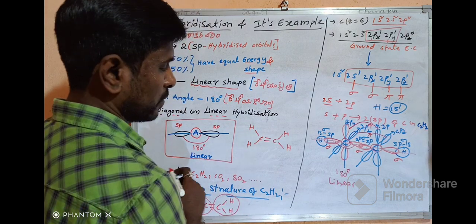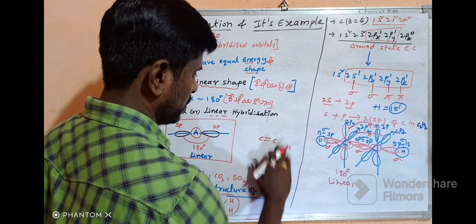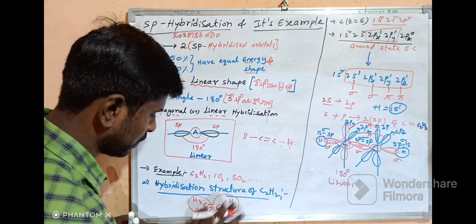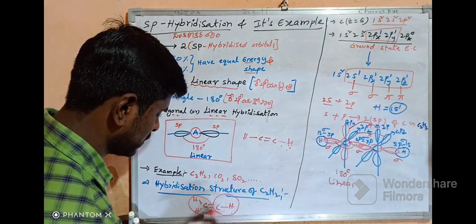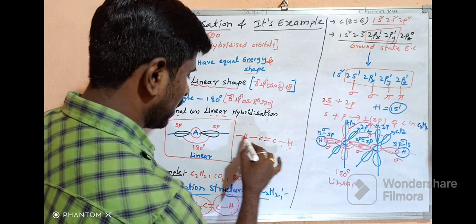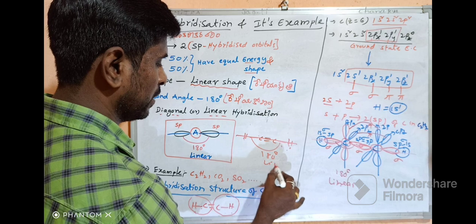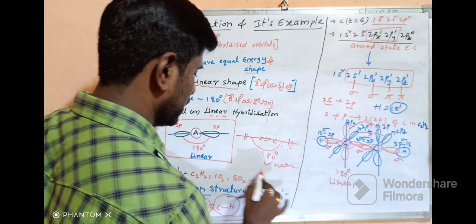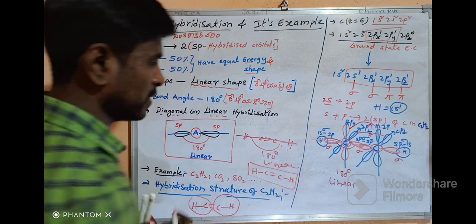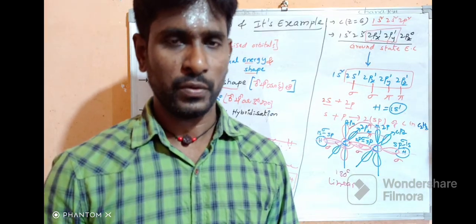All are in the same line, that's why it has a linear shape. 180 degrees and linear. Friends, this is sp hybridization in acetylene.